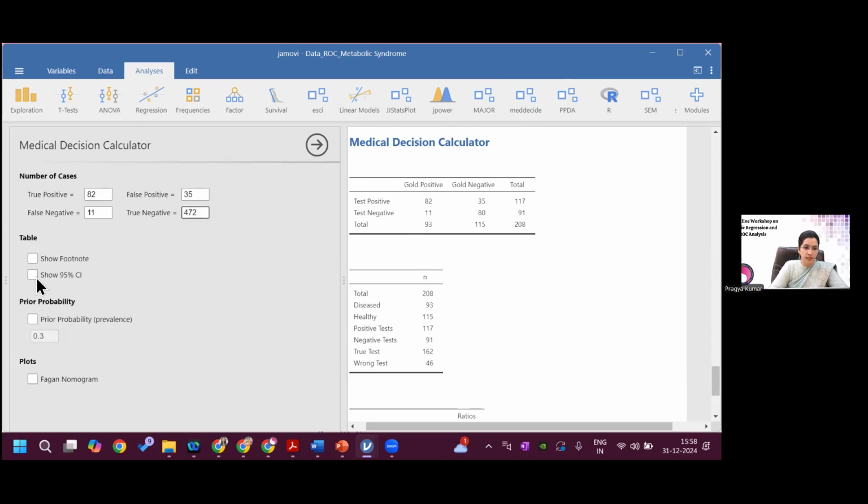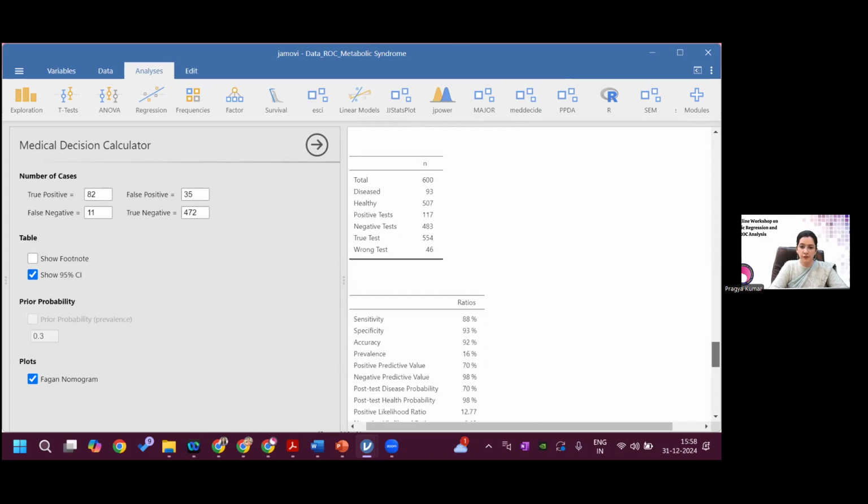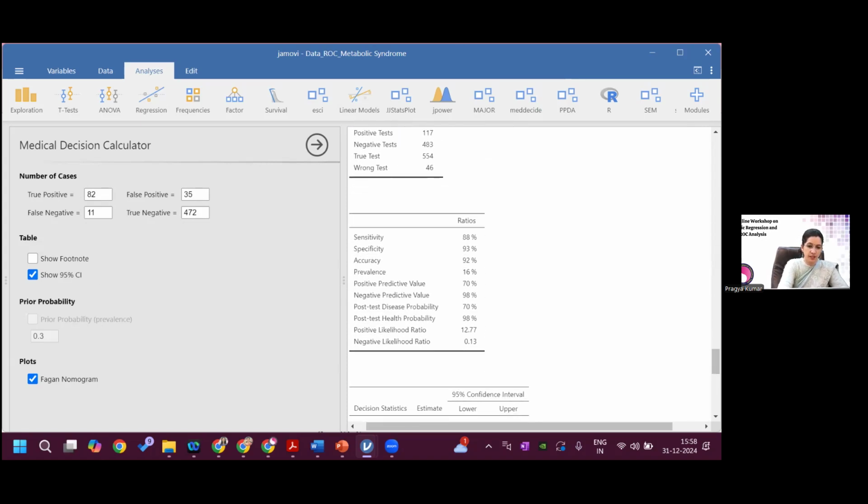And then I will select the 95% CI and plot, since I want Fagan's nomogram. If you see, it gives you the ratios and all these values, but it doesn't give you the 95% CI. That's why you need to go to MedCalc.